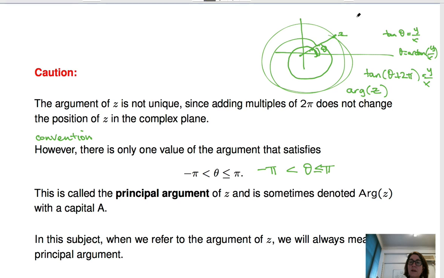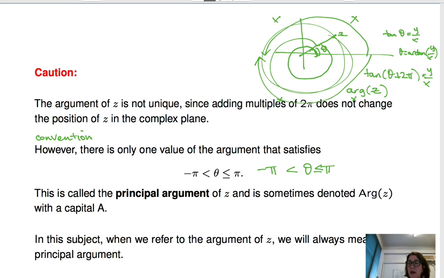So if our angle is in the first quadrant or the second quadrant, we measure the angle in that direction. But if the complex number is in the third quadrant or the fourth quadrant, we measure the angle in that direction. So that's a bit of a messy diagram, but you'll see what I mean as we go through.